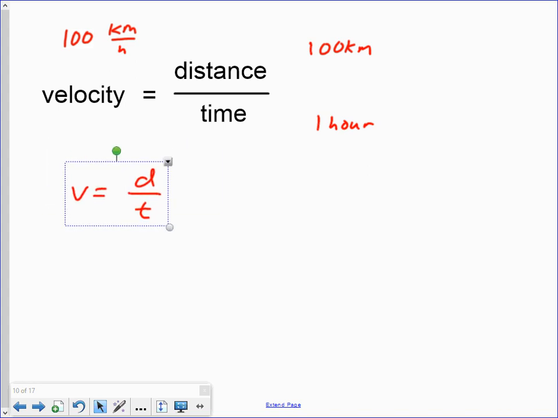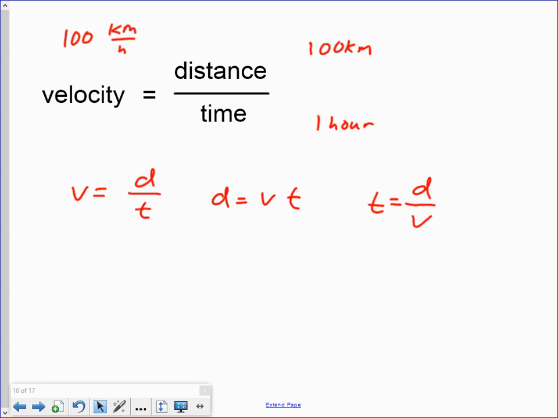Now, this relationship here, the velocity is distance over time, can be rearranged a little bit. We can multiply both sides by t to get that distance is velocity times time. Or from here, we can solve for t to get time is equal to distance divided by velocity.